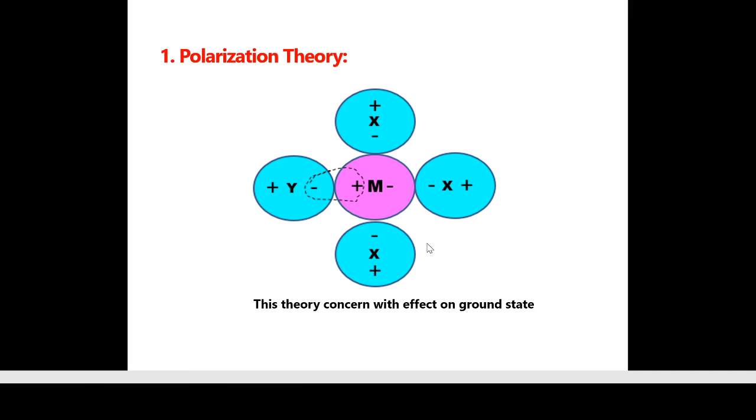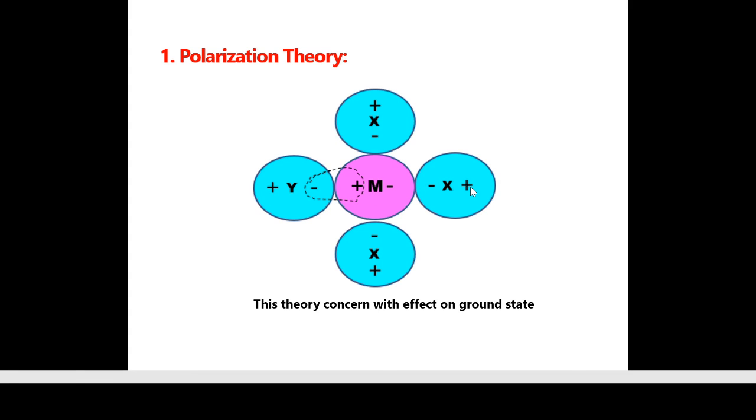Okay students, what is polarization theory? If one ligand is more polarizable than another ligand, then a dipole is induced on the central metal atom, which reserves the electron density and is distorted via sigma bond towards the trans position. The X ligand is opposite to Y. So if Y is more polarizable, the dipole is induced and distorted towards this opposite position, towards this MX.